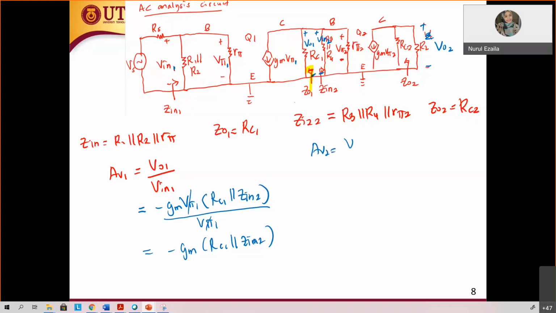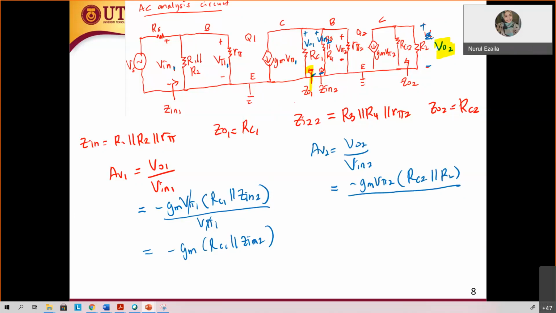Okay, AV2, V out 2 over V in 2. So what is V out 2? Here at the back over here. What is the negative voltage? gm V pi 2 times RC2 parallel RL. Yes, correct. Okay, what is V in 2?